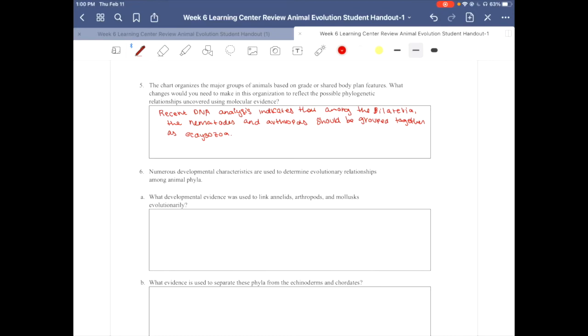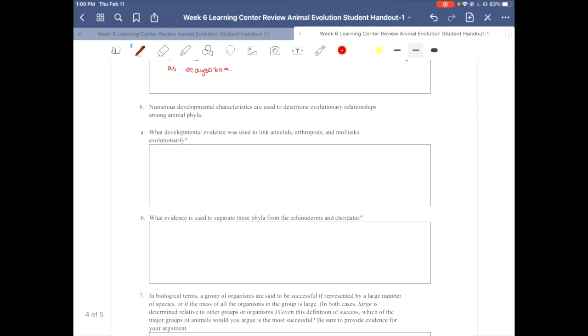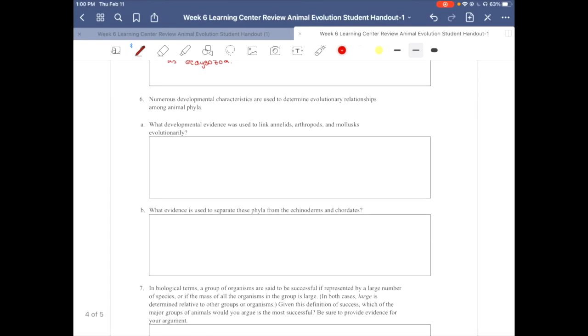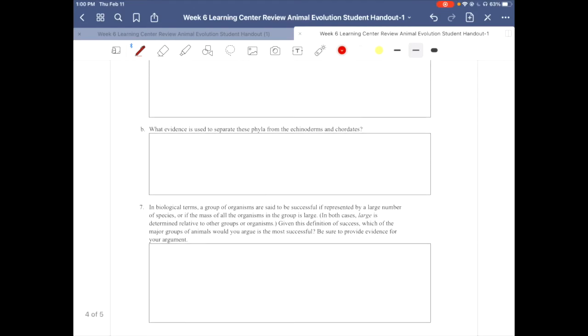So that's what allows us to group them together. And then for the next part, evidence used to separate them: the echinoderms and the chordates are deuterostomes, whereas they develop the digestive tract and then form the mouth as a secondary opening, and they're opposite. So the mouth and the anus are going to be at opposite ends.